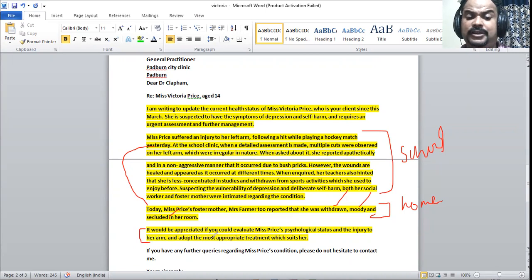It would be appreciated if you could evaluate Ms. Price's psychological status and the injury to her left arm and adopt the most appropriate treatment which suits her. So that's up to you.